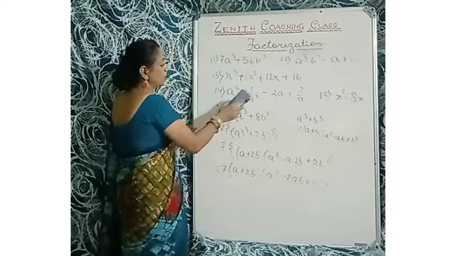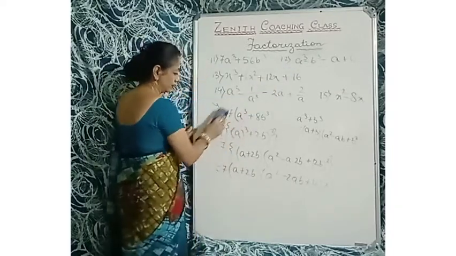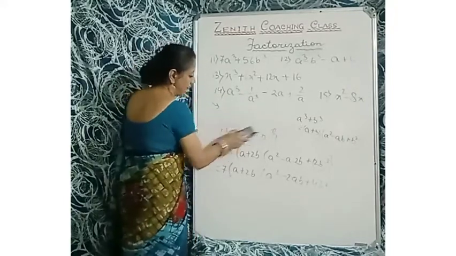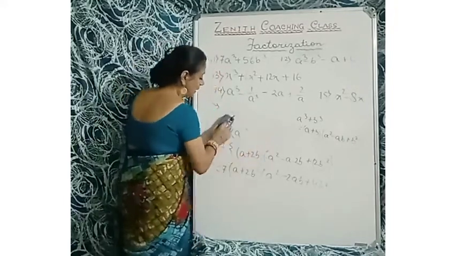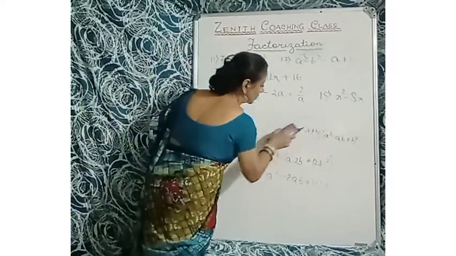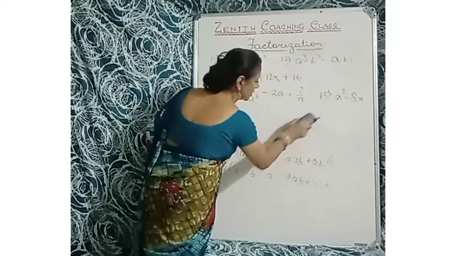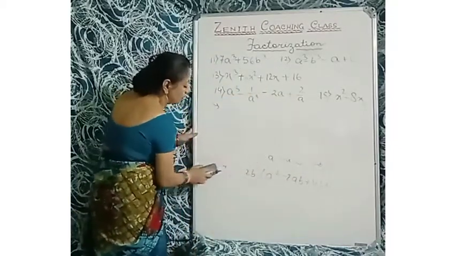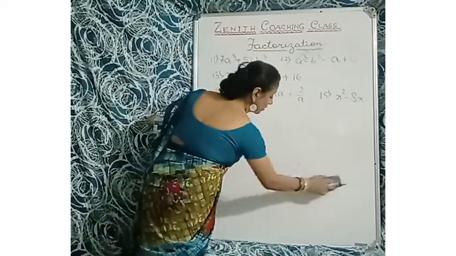That is question number 12. Now it's the formula a cube minus b cube. A cube minus b cube is nothing but a minus b into a square plus ab plus b square.